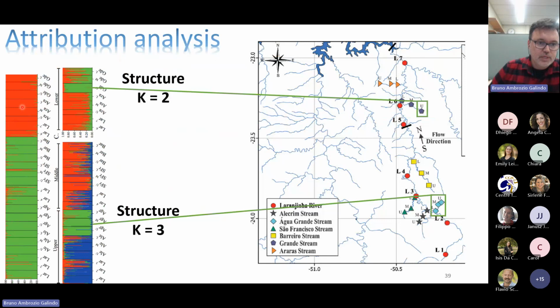So we reran two different analyses. For this group of individuals, we also found k equal 2, and for this group, we found k equal 3. We can see here that we have pretty distinct groups of individuals, such as this collection site and this stream. But in general, we can see that our river, our basin, is divided into upper part, middle part, and lower part.